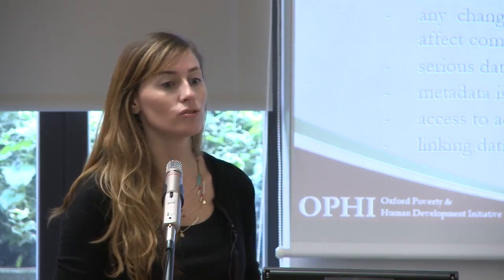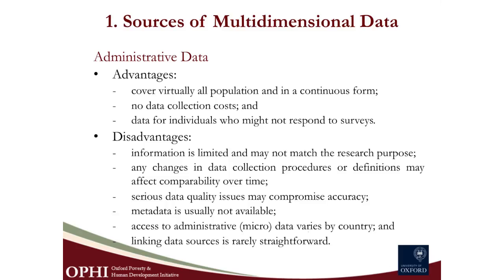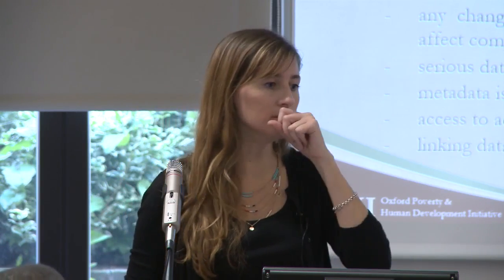Now, the second type of source of information that can be used when we are constructing a multidimensional measure is administrative data. In this case, it's usually some agency or department from the government that is collecting data already just for administrative purposes. So imagine, for example, birth records or death records or tax accounts.